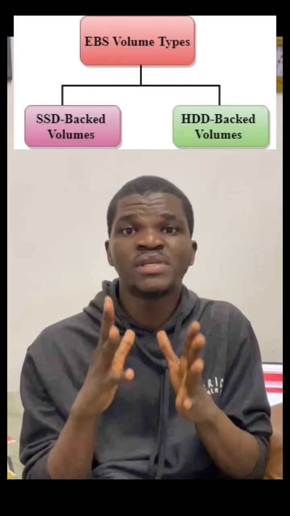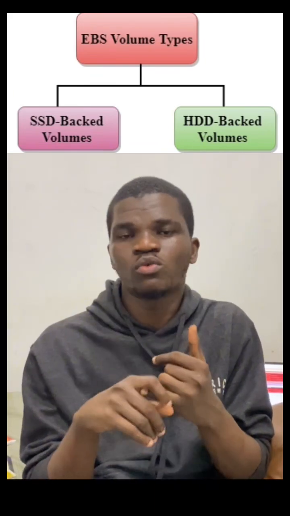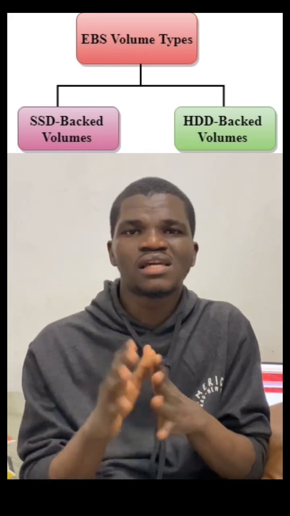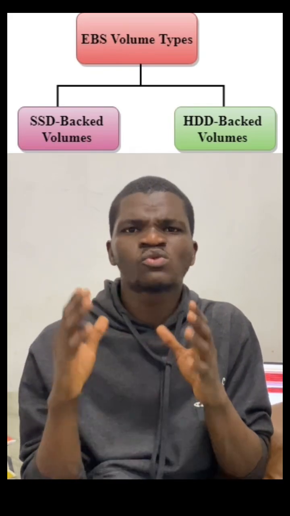So let's talk about the first category, which is SSD-backed volume. You should know that this kind of EBS volume is mostly used for smaller workloads that involve read and write. Any application that involves read and write mostly uses this kind of EBS volume for its web server. An example is general purpose SSD.